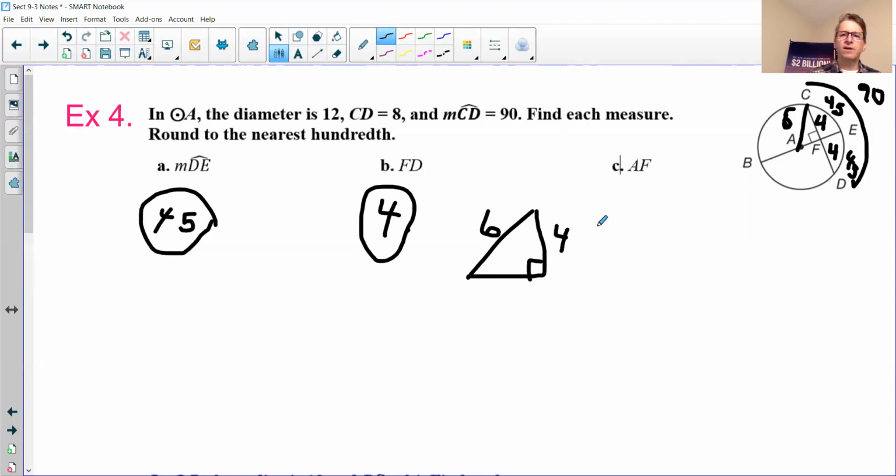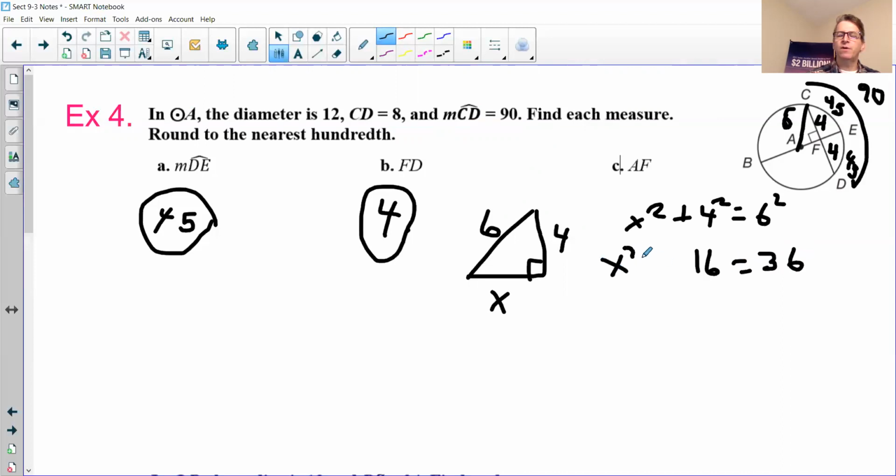So in this case, I'll make this x. So x squared plus 4 squared is equal to 6 squared. And if you work this out, you would have 16. And this is 36.